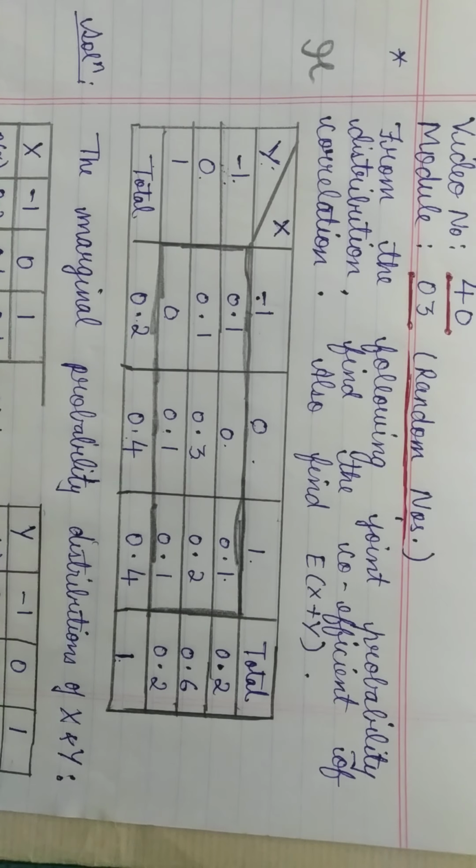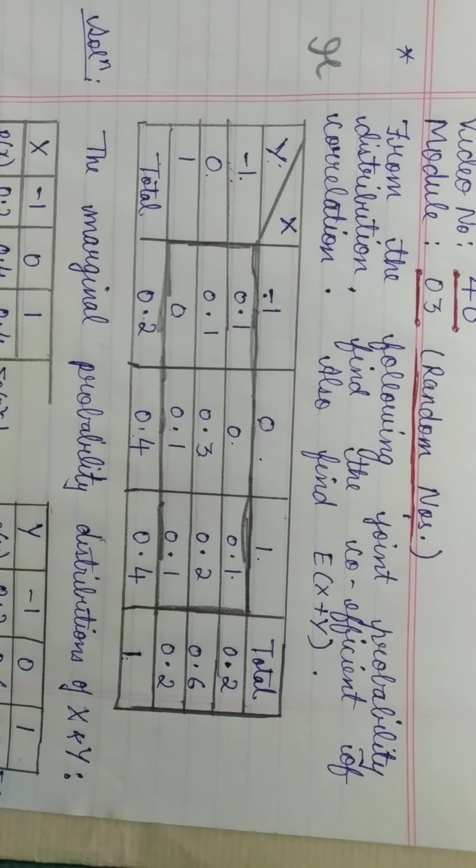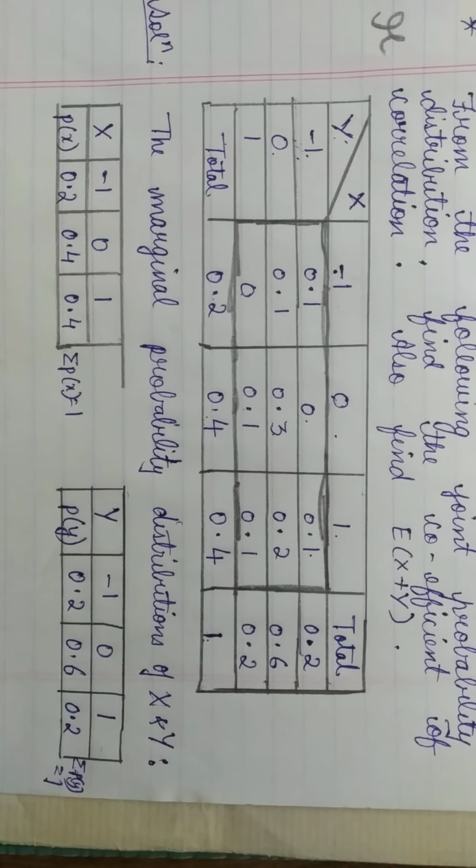So we have to find the R value, and the formula is covariance of x comma y upon standard deviation of x into standard deviation of y. I have given this formula in the formula section in the first class. So now we have to find covariance of xy, standard deviation of x and standard deviation of y. I'll write down that formula later on.